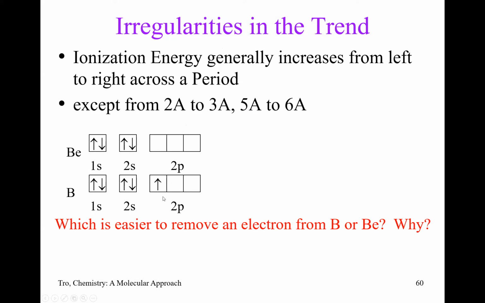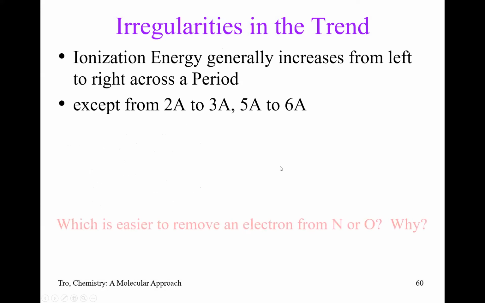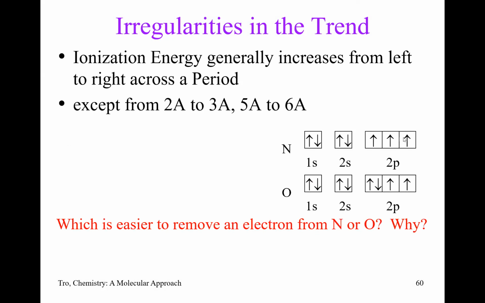And this is why we saw that dip down in the energy to the boron. And then you see the same trend here in the p block where this electron here for oxygen that's now paired up, these two electrons repel each other because they're negatively charged and they're forced into the same orbital. So it's a little easier to pull this electron out, the energy versus the energy for just nitrogen above.